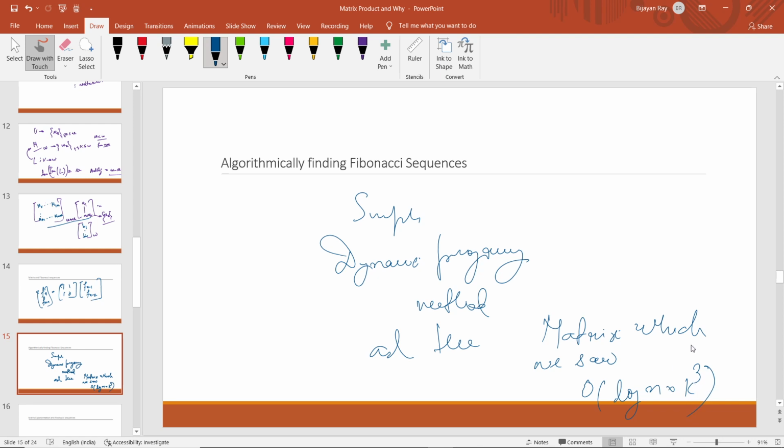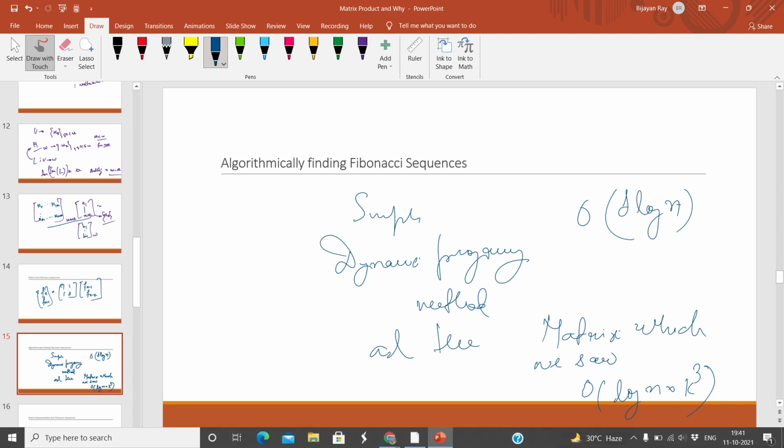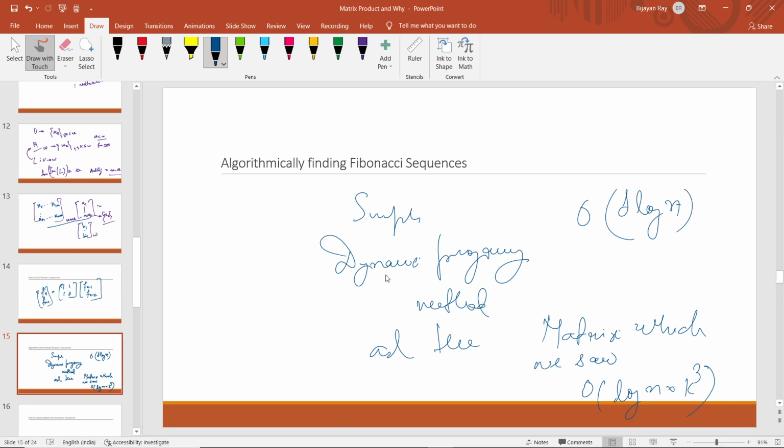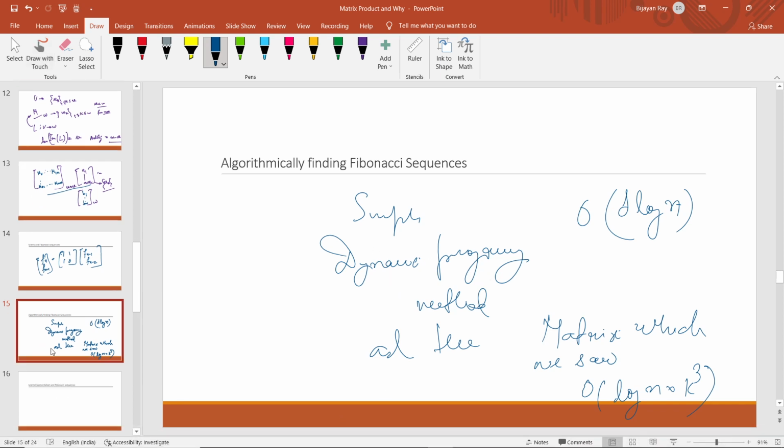For Fibonacci, k is 2, so 2 cubed is 8, and it reduces to 8 log n matrix multiplications, I mean time complexity. That's pretty much better than the dynamic programming and simple method.